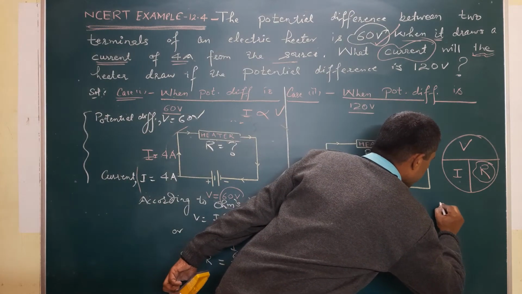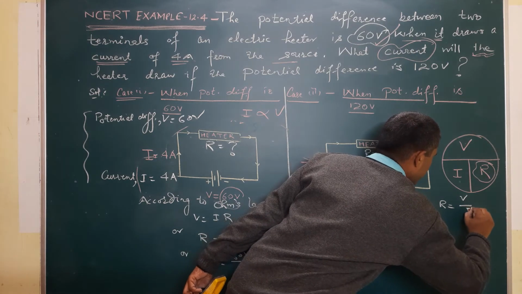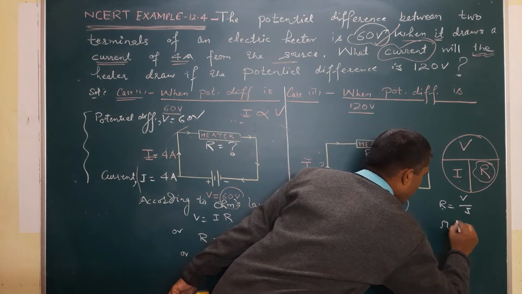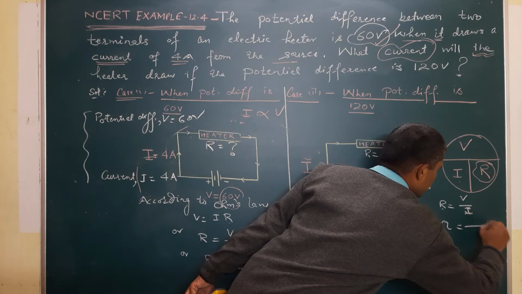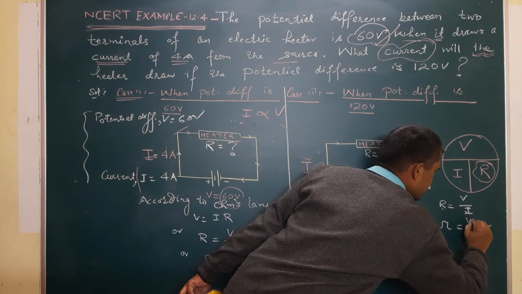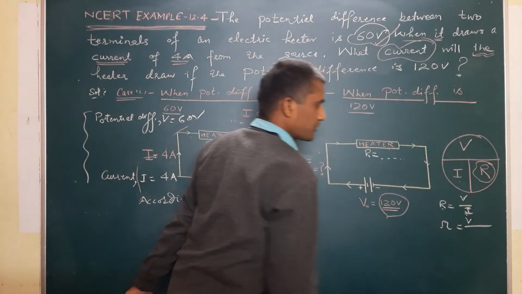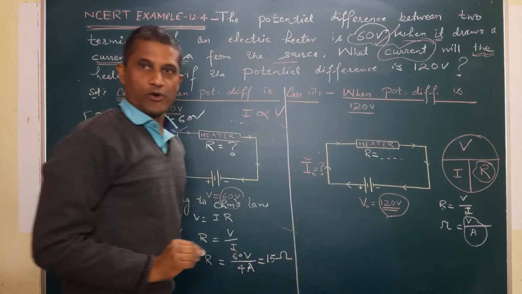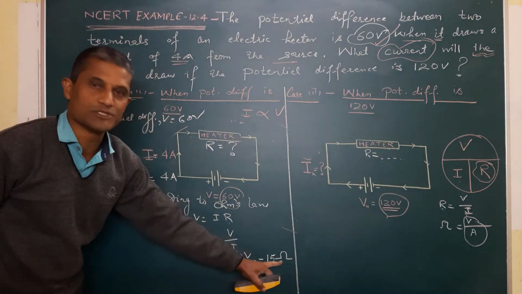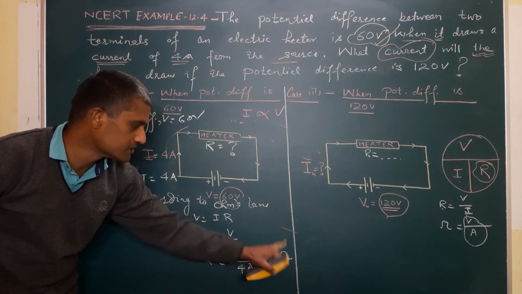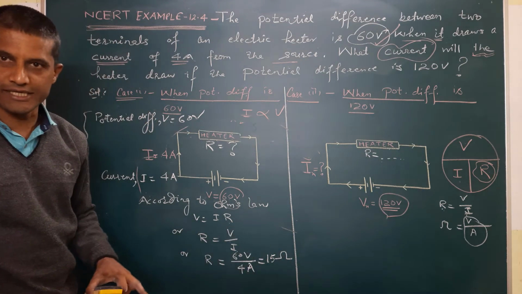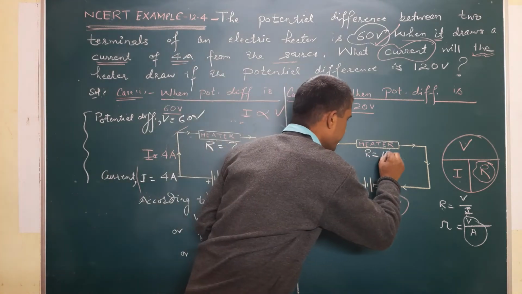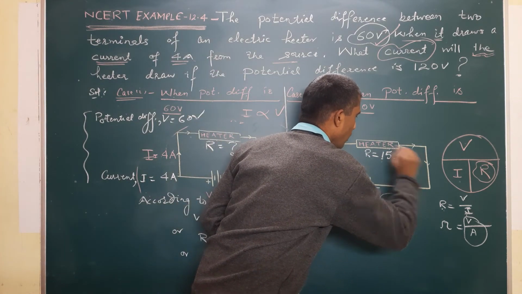As we know that resistance is equal to V upon I, the unit of resistance is Ohm, the unit of potential difference is volt, and the unit of electric current is ampere. So it means volt upon ampere is equal to Ohm. So we got here the resistance of a heater, and it is 15 Ohm.